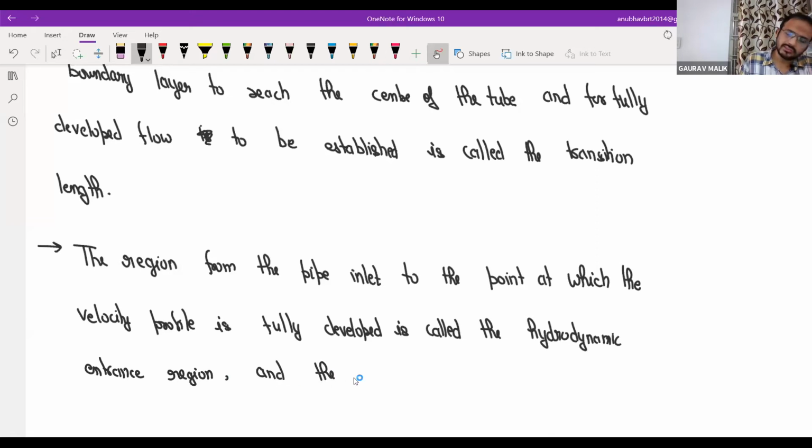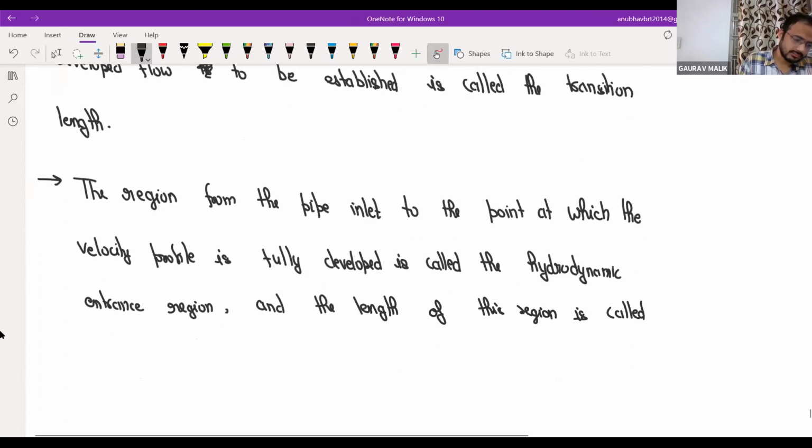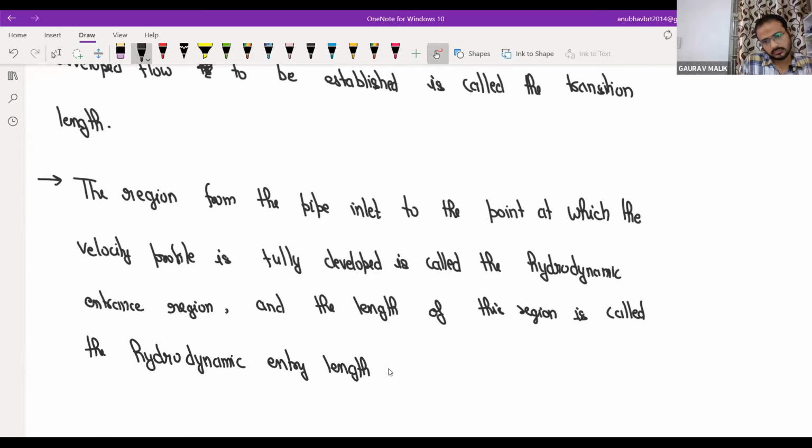And the length of this region, both are the same terms, is also called the hydrodynamic entry length, denoted LH.